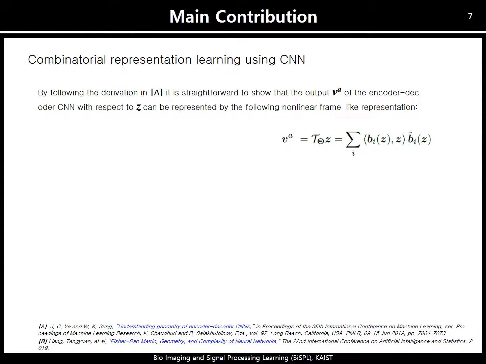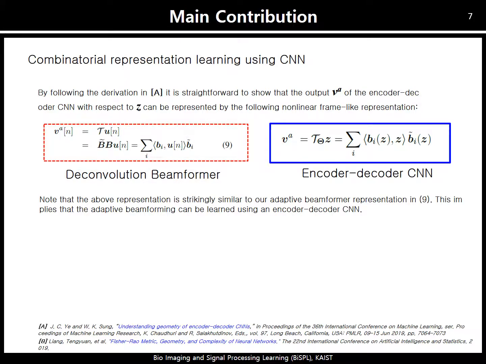So for combinatorial representation learning, we can use CNN, and by following the derivation from the referred paper, it is straightforward to show that the output of the encoder-decoder CNN with respect to RF data can be represented by a nonlinear frame-like representation as shown below. Note that the CNN-based representation is strikingly similar to our adaptive beamformer representation in 9. This implies that the adaptive beamforming can be learned using an encoder-decoder CNN.